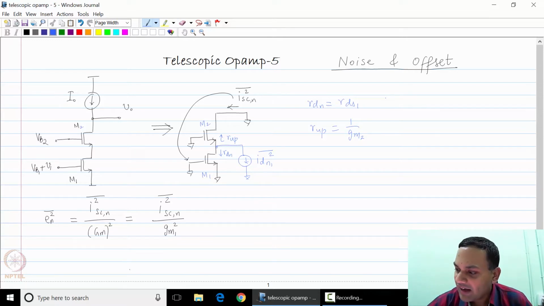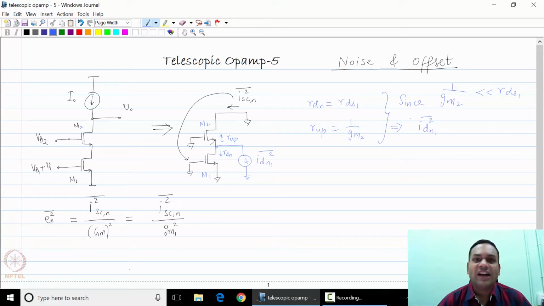Since Gm2 is much larger than GDS2, 1 over Gm2 is much smaller than RDS1, and this means that almost all of IDN1 squared flows into M2.